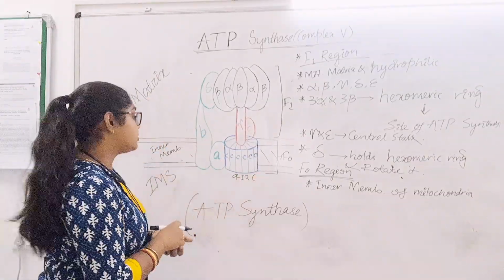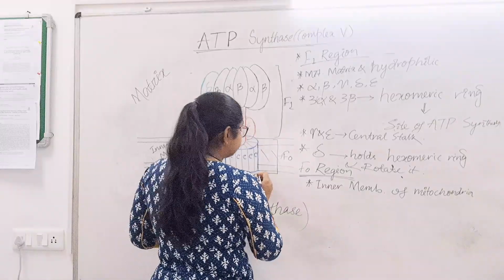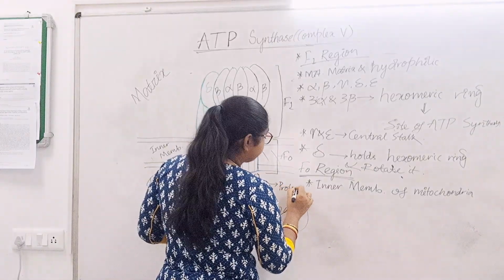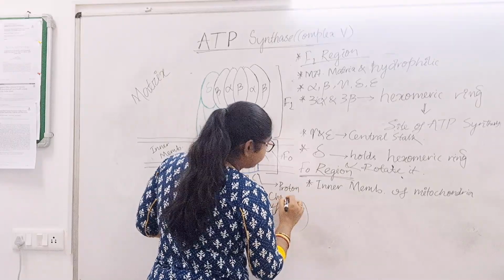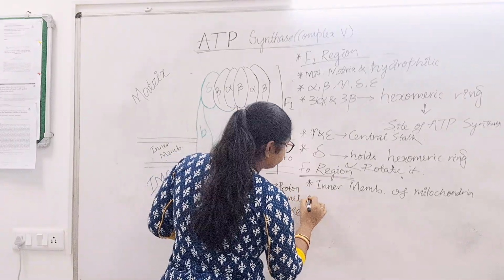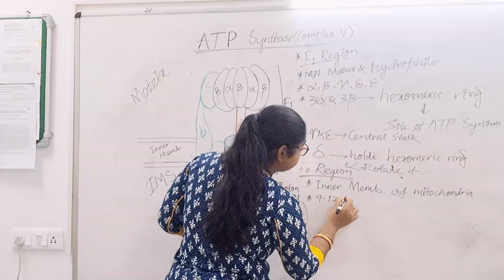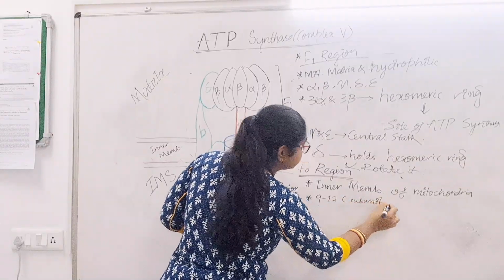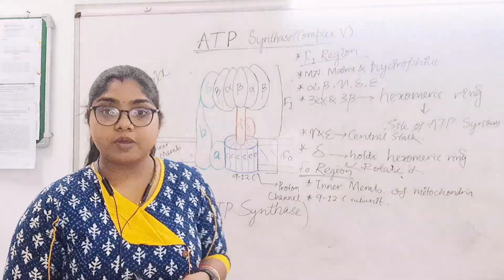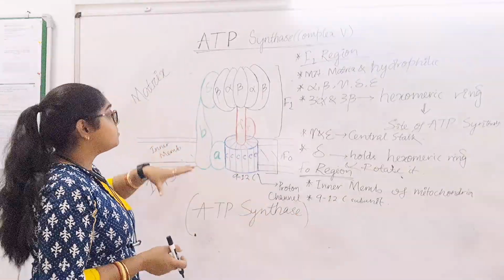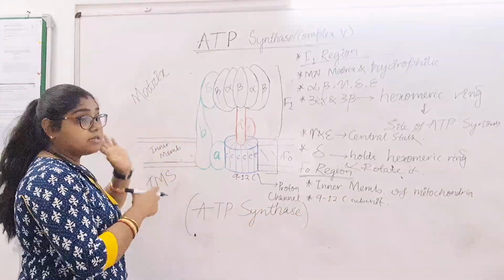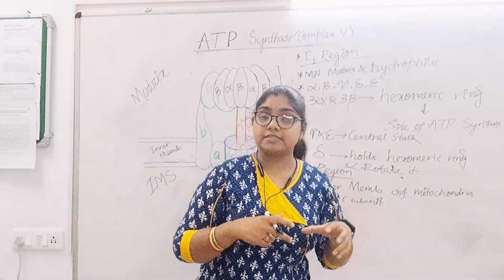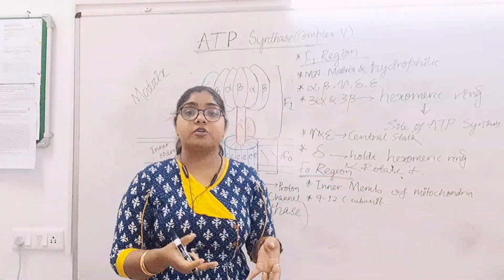These 9 to 12 C subunits forming a ring-like structure are known as the proton channel, or proton pump. Till complex 4, the intermembrane space has the proton gradient, so a lot of protons are there.